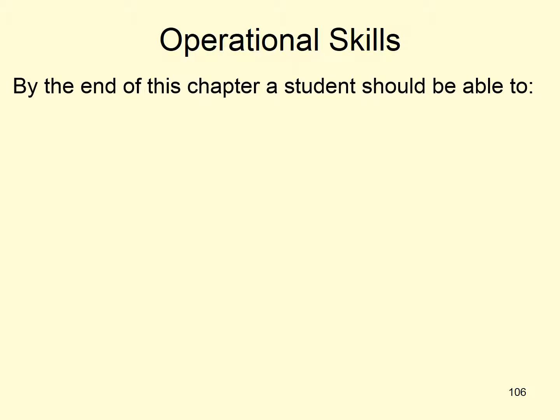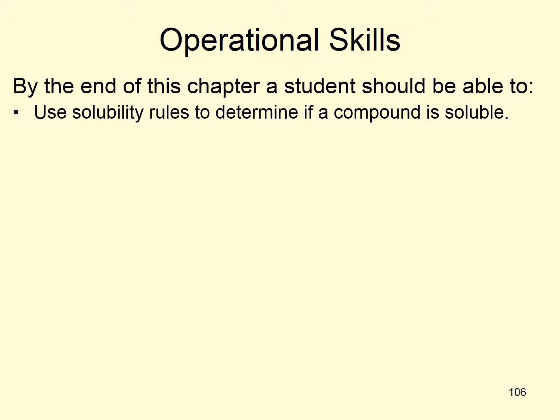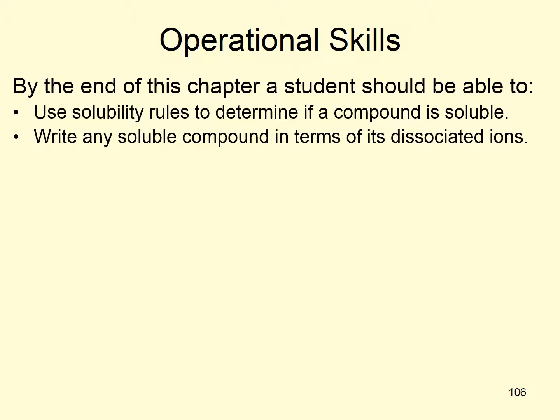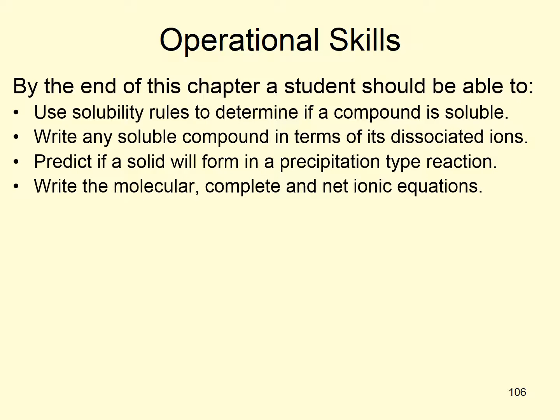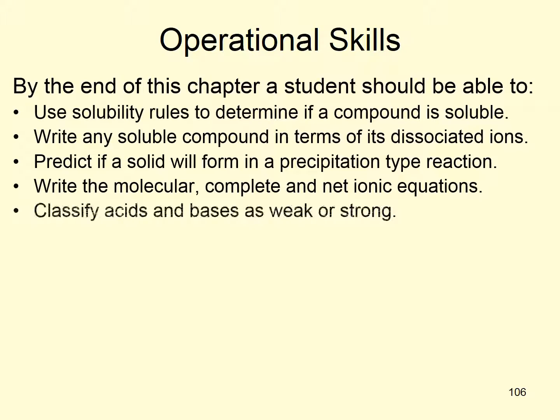All right, so by the end of this chapter, you should be able to use the solubility rules to determine if a compound is soluble, write any soluble compound in terms of its dissociated ions, predict if a solid will form in a precipitation reaction by using solubility rules, write the molecular, complete ionic, and net ionic equations of any equation that's given to you.